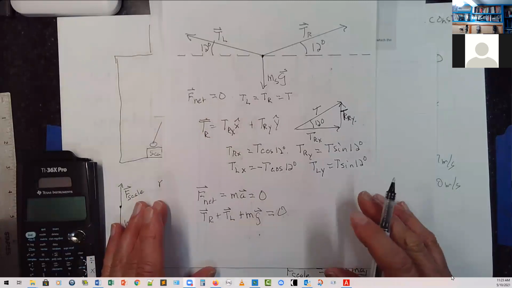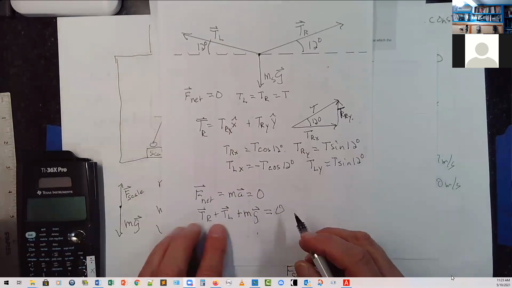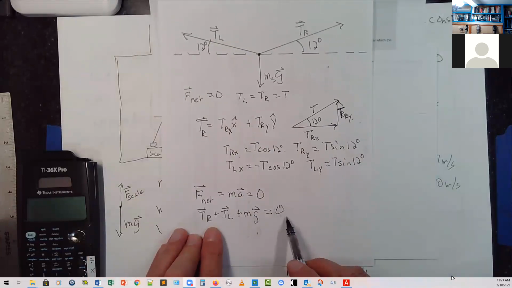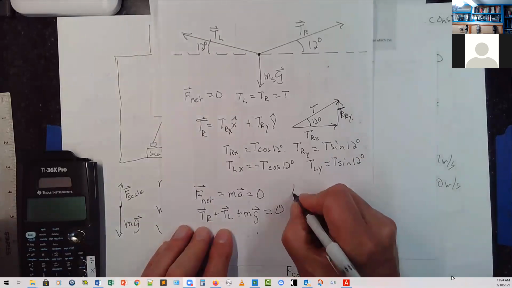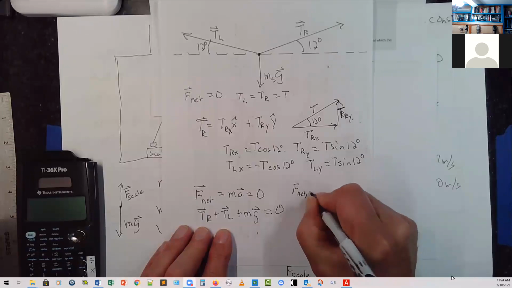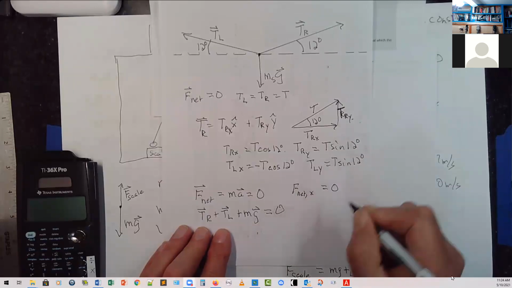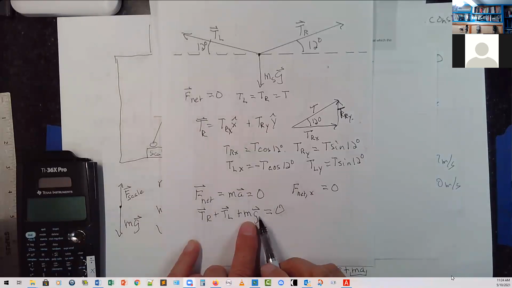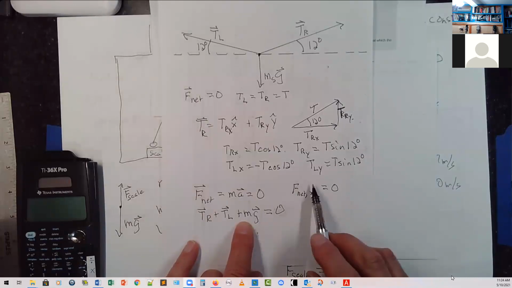But since these forces combine to 0, I can say that F net in the x direction is going to equal 0. Well, mg has no component in the x direction.